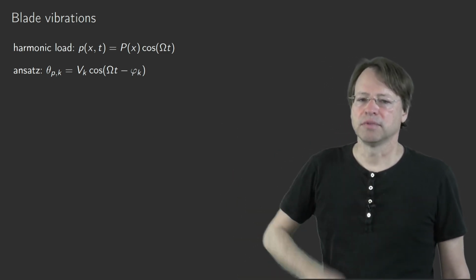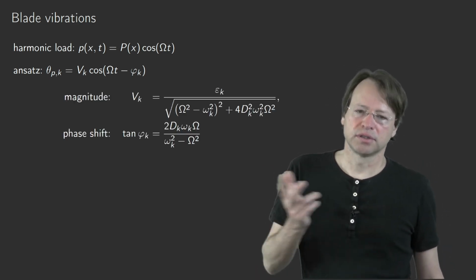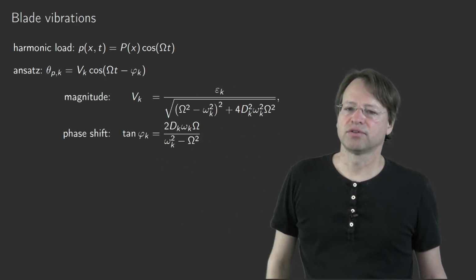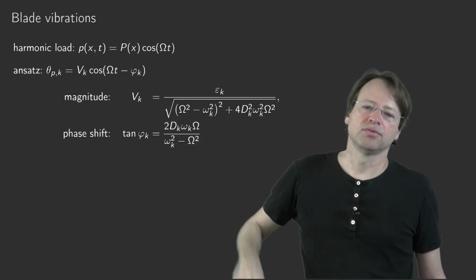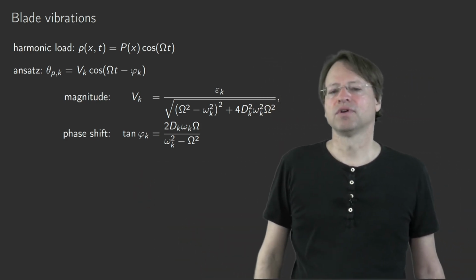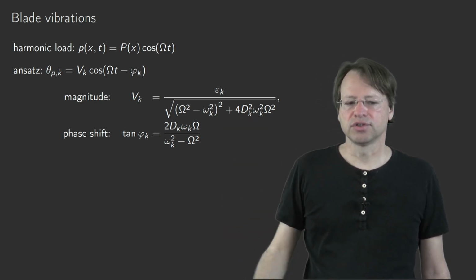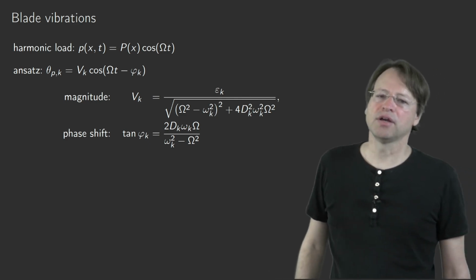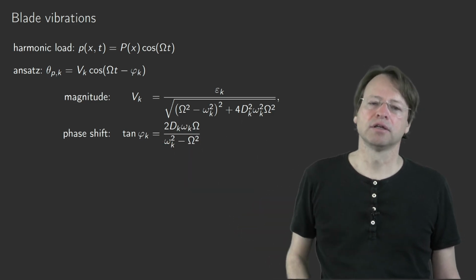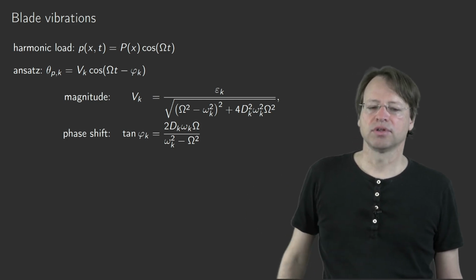You know then from Engineering Mechanics 4 how to compute by comparison of coefficients of the sine and cosine harmonic terms in capital omega t, the magnification factor, the magnitude or amplitude Vk, and also the phase shift tangent of phi k. The formulations are given here, and also here you see that you have to pre-compute all these coefficients and that the solutions here depend on the system parameters of that blade, as seen before for the static case.